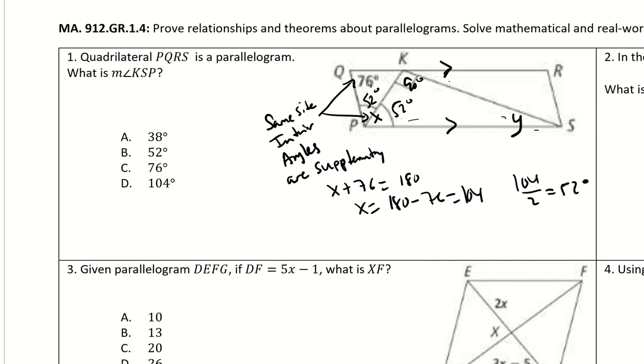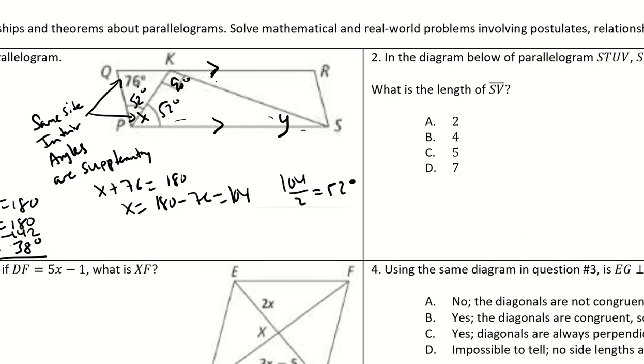So we got y plus 52 plus 90 equals 180. And then this adds up to 142. Subtract that 142 from 180, and you get 38 degrees.